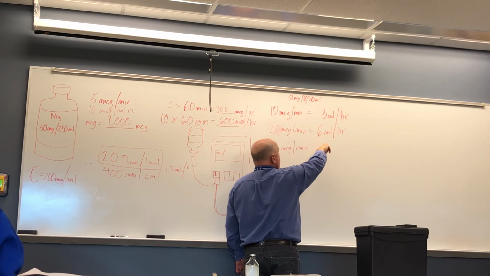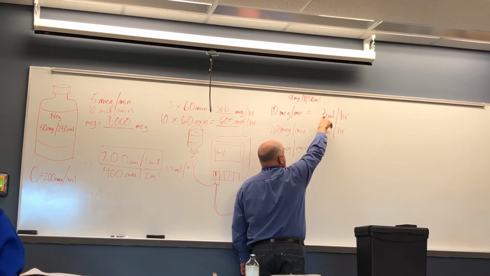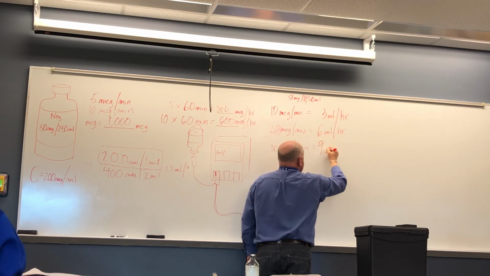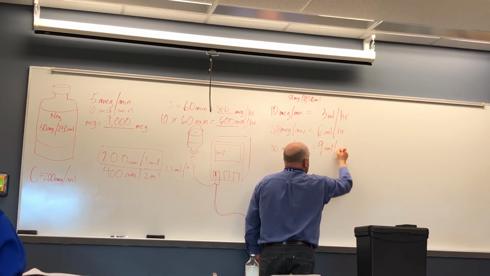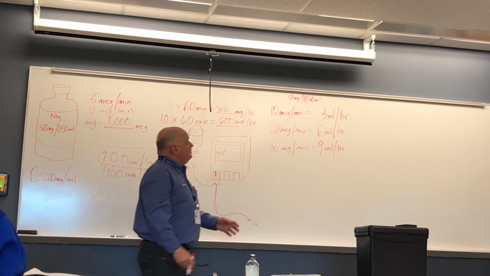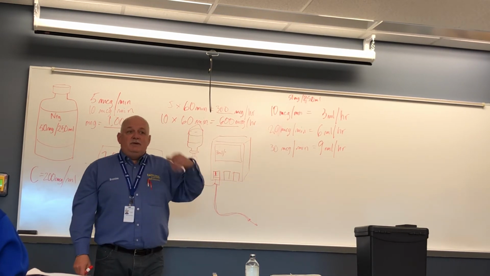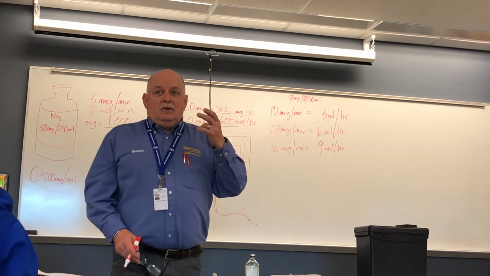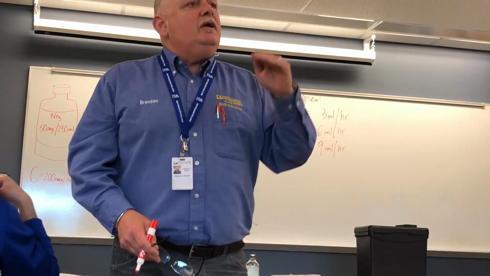Now what's my pump going to be reading? 3 times the original dose, my pump's going to be reading 9 mLs an hour. So on a 50 in 250 bottle, nitro dosing at 10, 20, 30 mics is 3, 6, 9 mLs. I see someone taking a picture. That's a great idea.